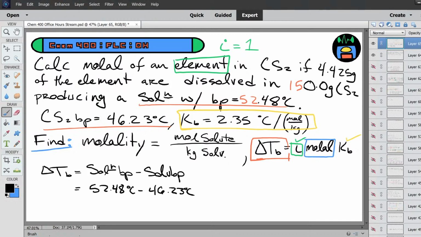That gives us a change in boiling point of 6.25 degrees Celsius. Sig figs are spot on because our precision is in that second decimal place. Now we can solve for the molality if we divide both sides of this equation by our Van't Hoff factor and Kb.